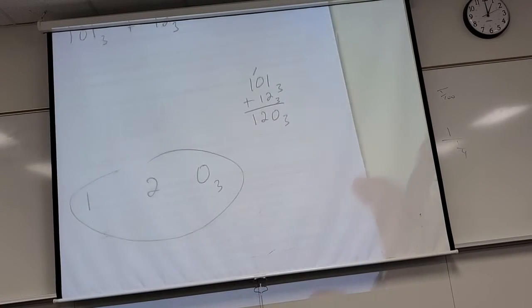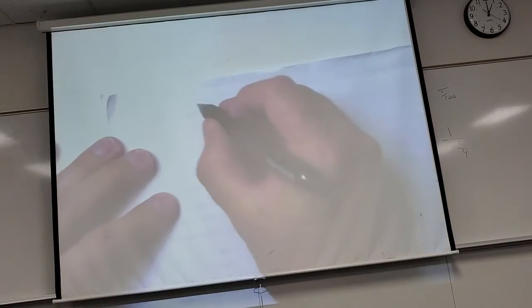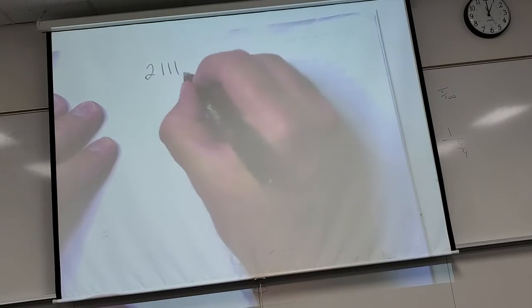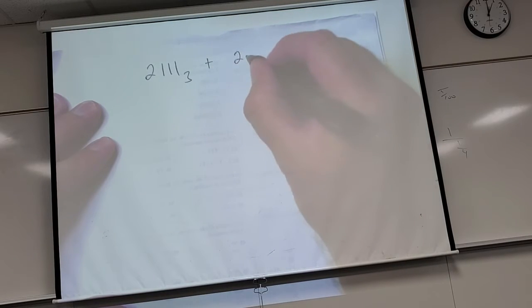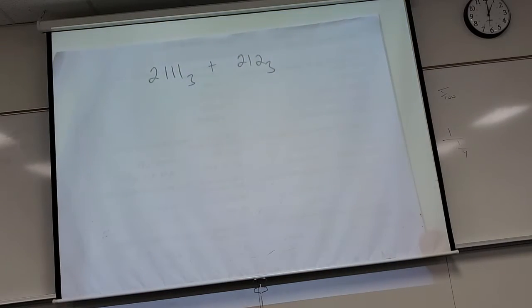So let's do one more. Man, what a great use of paper. All right, what about this? What do you got, Jeff? What about 2, 1, 1, 1, base 3, plus 2, 1, 2, base 3? I think you hopefully have enough for that.